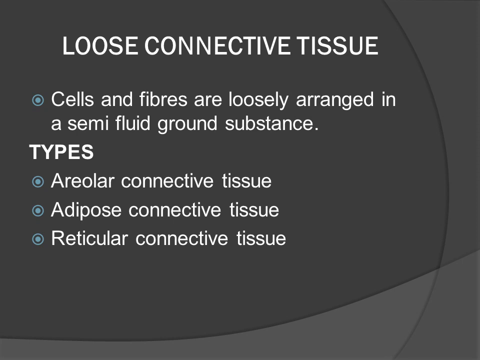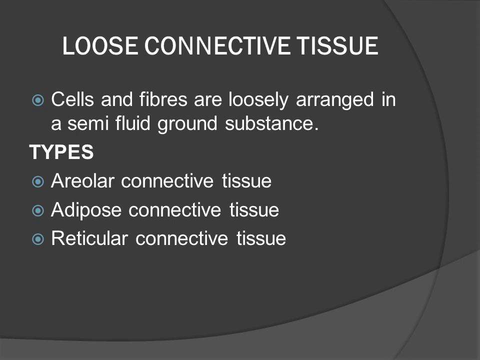It means the fibers present in this connective tissue are loosely arranged. So we said three components: one is ground substance, one is cell, one is fiber, right? Here the fibers are loosely arranged. That's all. Okay, so let us see. Cells and fibers are loosely arranged in a semi-fluid ground substance.